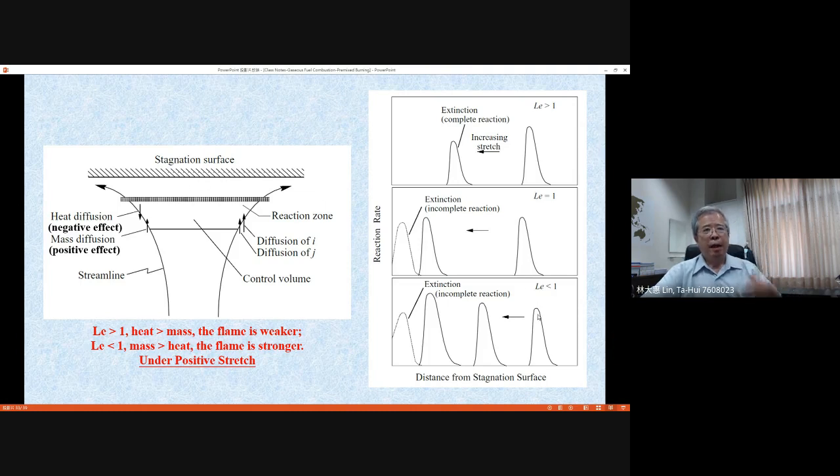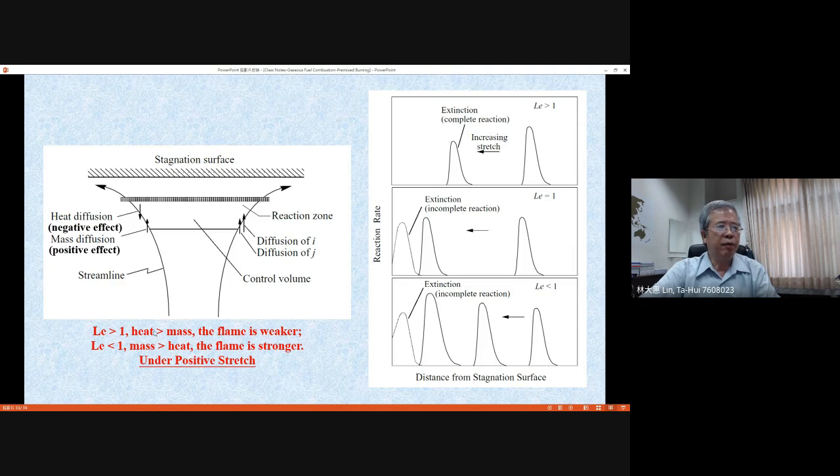Okay. Now we go back to the first case we described, Lewis number bigger than 1. I repeat again. Lewis number bigger than 1 means that the heat diffusion, the numerator, is more important than the mass diffusion in the denominator. Then in this case, heat is stronger.